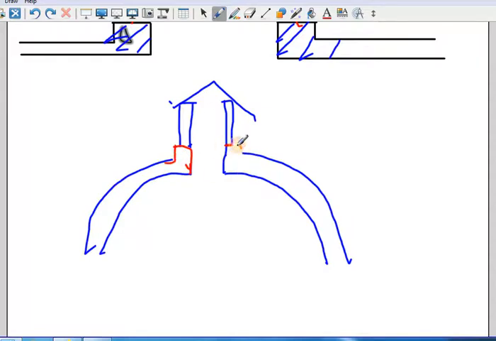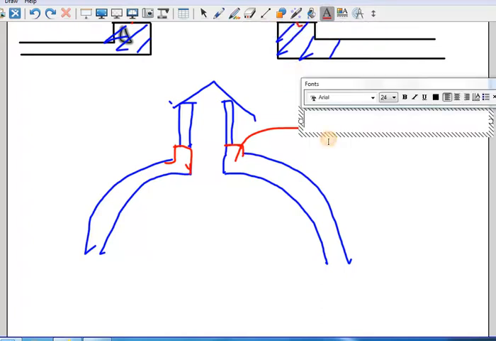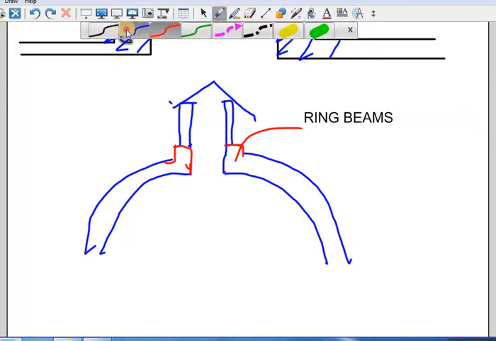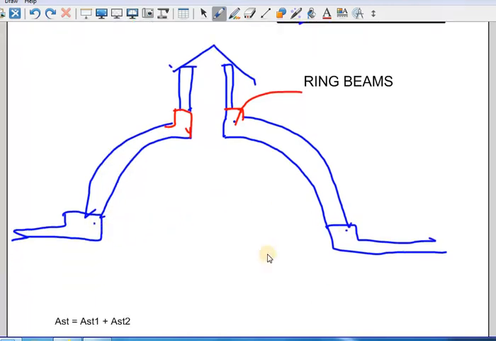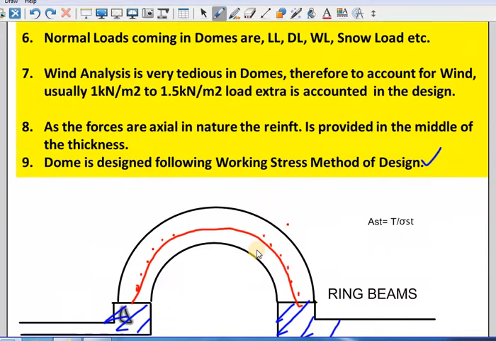It's a beam. This is also called ring beams. This is called upper ring beam, and when you have a ring beam at the bottom, it is called a lower ring beam. It's also ring beam. This lower ring beam, upper ring beam. So when you design a dome, you are supposed to design these ring beams also, this and this also. I think we will see the design of the domes in the next class.